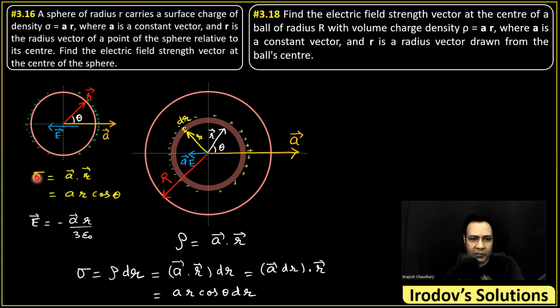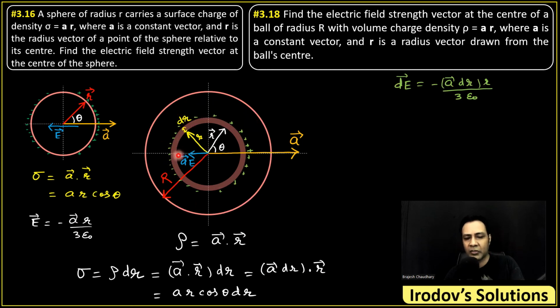So because of this surface charge density, the electric field dE would be minus a vector dr times r divided by 3 epsilon naught. We can make this sphere composed of many such shells.